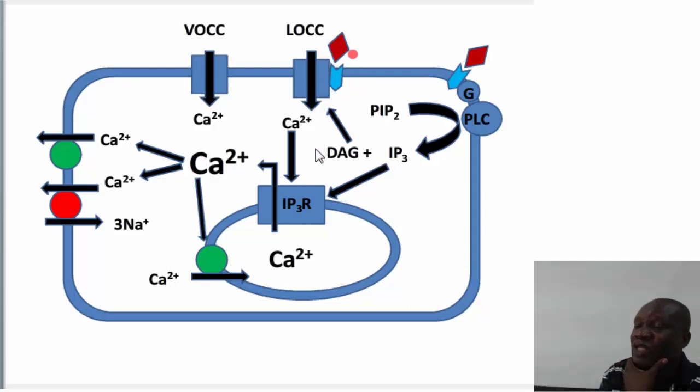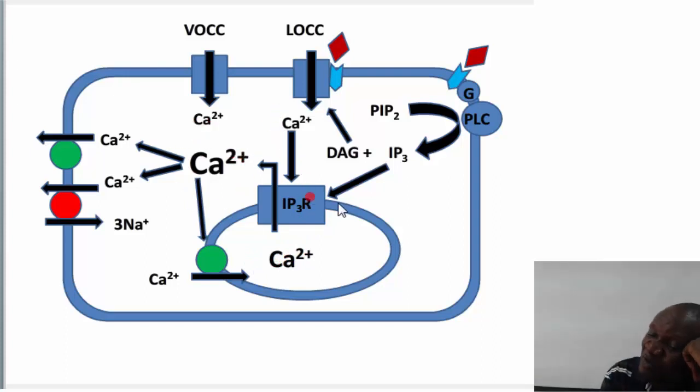We have calcium-induced calcium release. So when voltage-operated calcium channels open, calcium gets into the cell, then calcium would cause the opening of receptors, which are IP3 receptors. And when these receptors open in the sarcoplasmic reticulum, calcium will flow into the sarcoplasm.